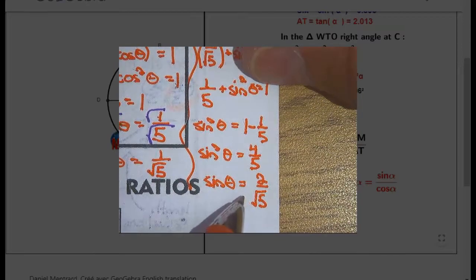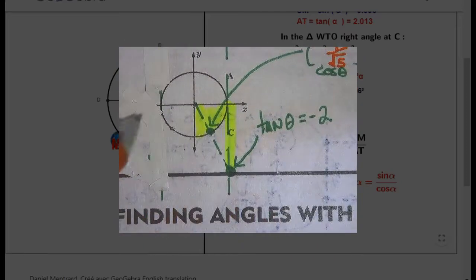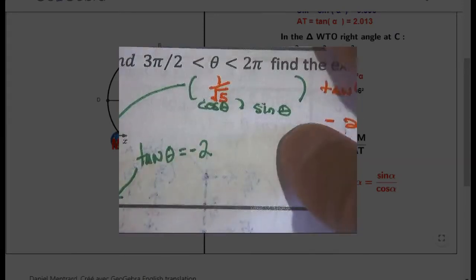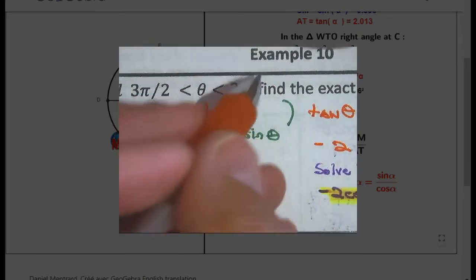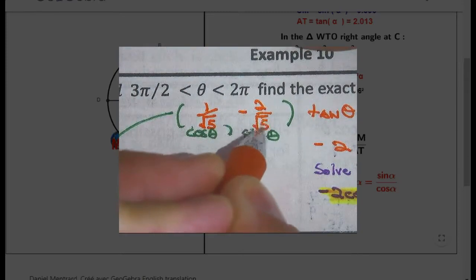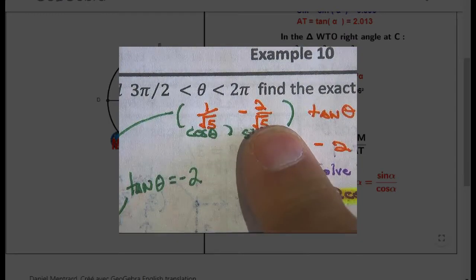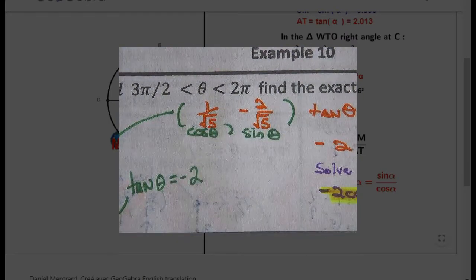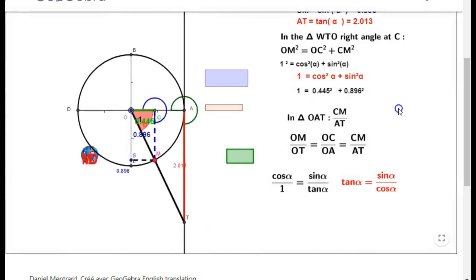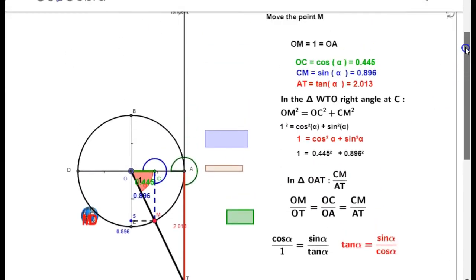Okay, now since I'm in the 4th quadrant, my sine value is going to be negative, because the y is negative. So this would be negative 2 over root 5. And if you converted that to a decimal, you should get the same thing we got on our applet for the sine value.